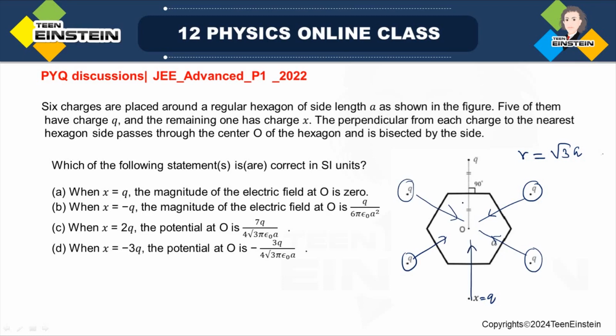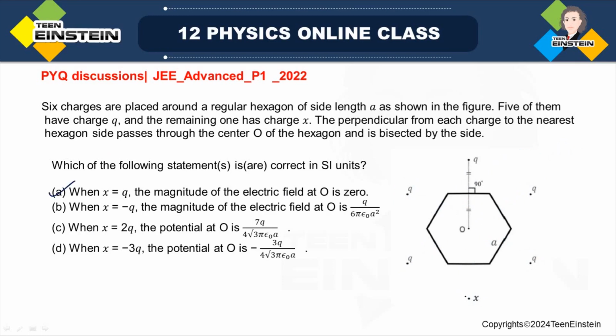Similarly for this also. Ultimately, if you sum all the electric fields over here, this will give you 0 because each pair will cancel one another. So the first option is correct here.